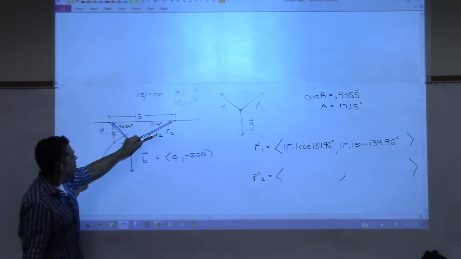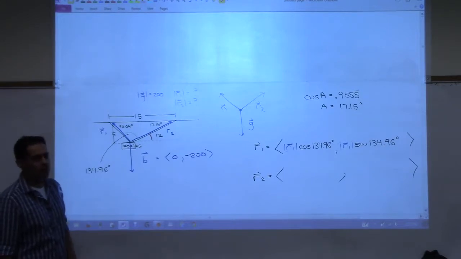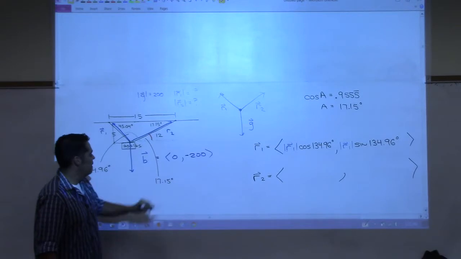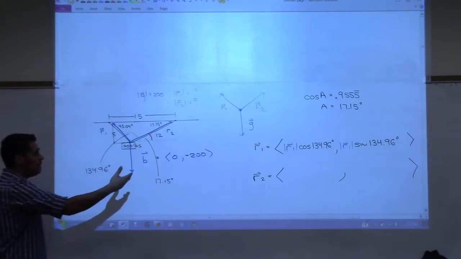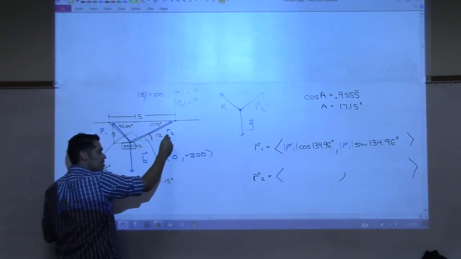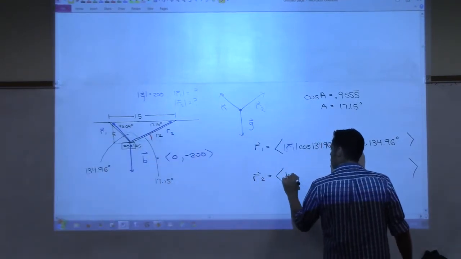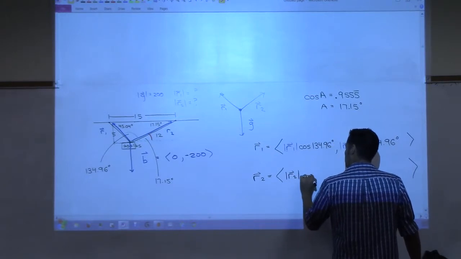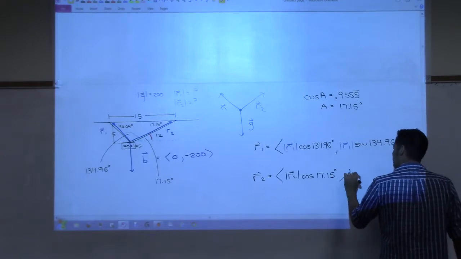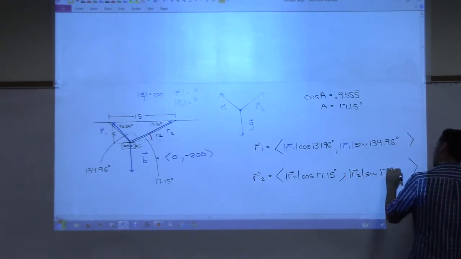And so this alternate interior means that the angle there should be 17.15 degrees. Now, in terms of the vector R2, not the length of the rope, what are the components? Magnitude of R2 cosine of 17.15, and then magnitude of R2 sine of 17.15 degrees.